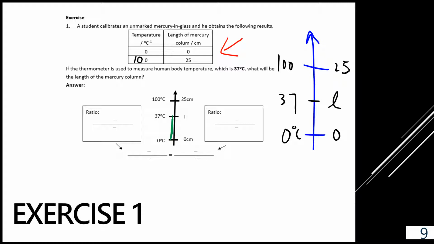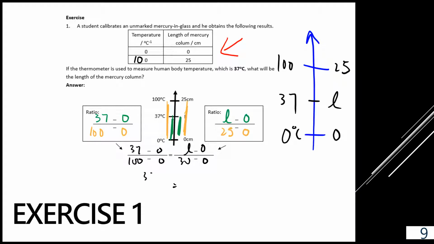And part 2, we take a look at the ratio. So this part is 37 minus 0, and the yellow one is 100 minus 0. For the right hand side, it's L minus 0, and the longer one is 25 minus 0. So this is how you can get the following equation.